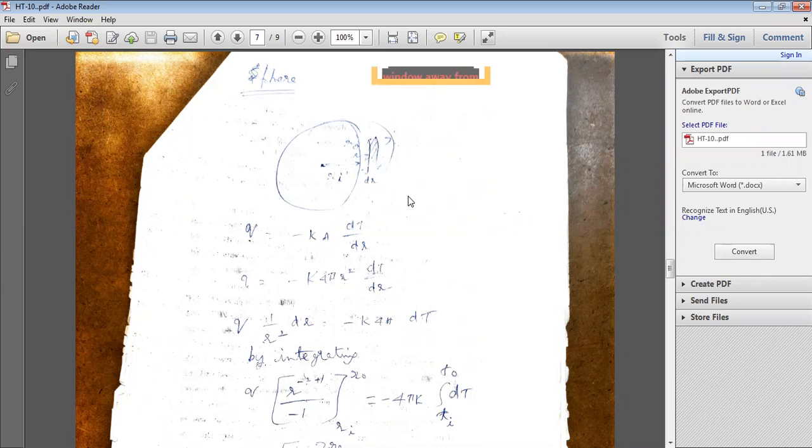Here you have to calculate the surface area. So far we discussed the cylinder. Next, sphere.